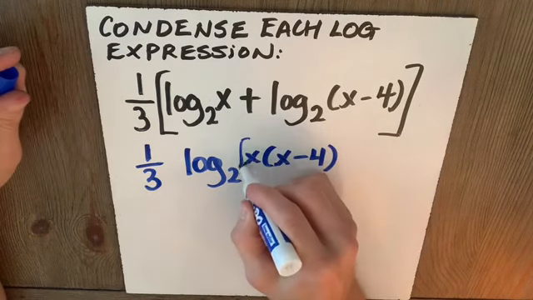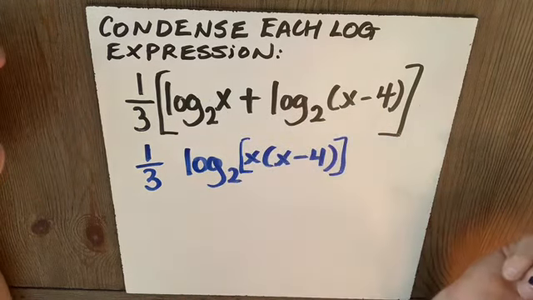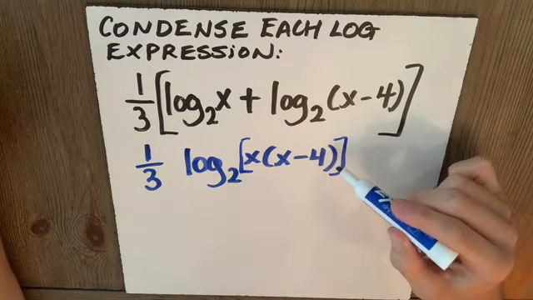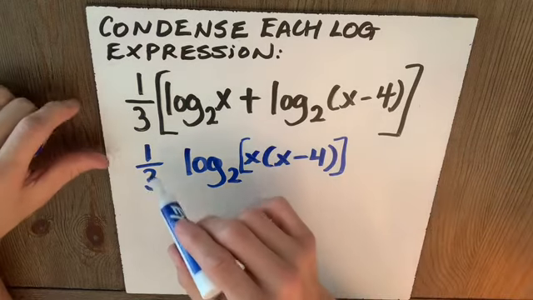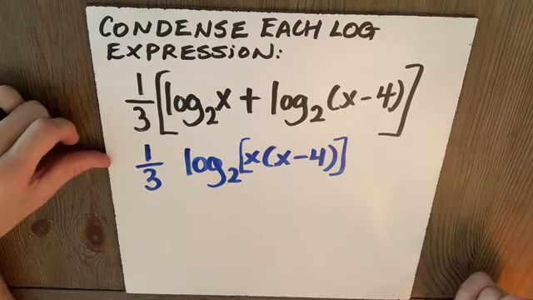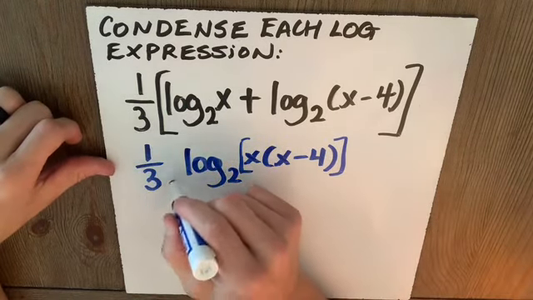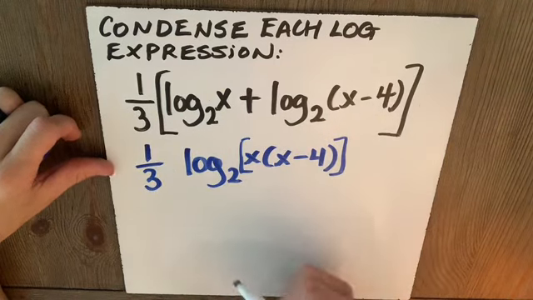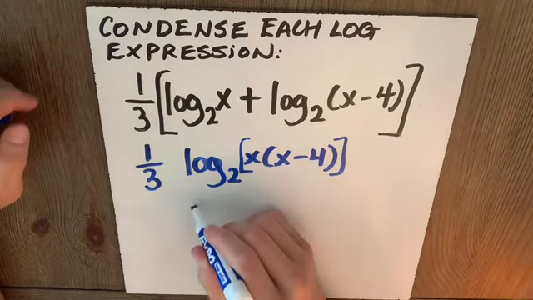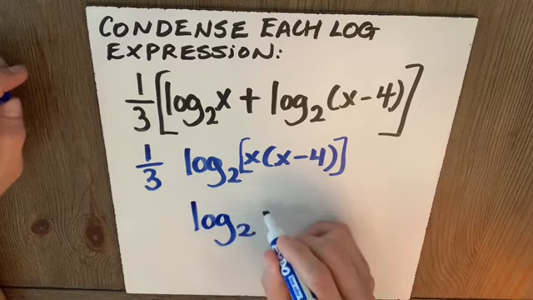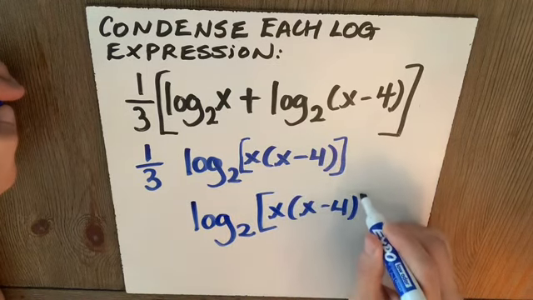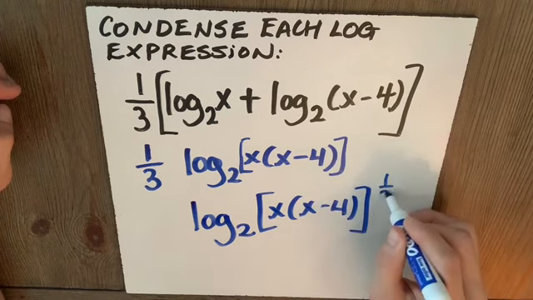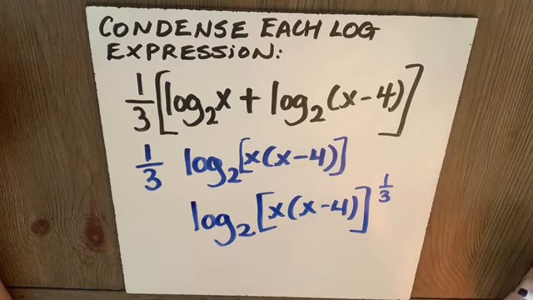Now, notice x times x minus 4 is our argument of log with base 2. And then what I'll do is I'll pump this up here. The coefficient becomes the exponent by the power property to give us log base 2 of x times x minus 4 to the 1/3. Now, that is a fine answer.